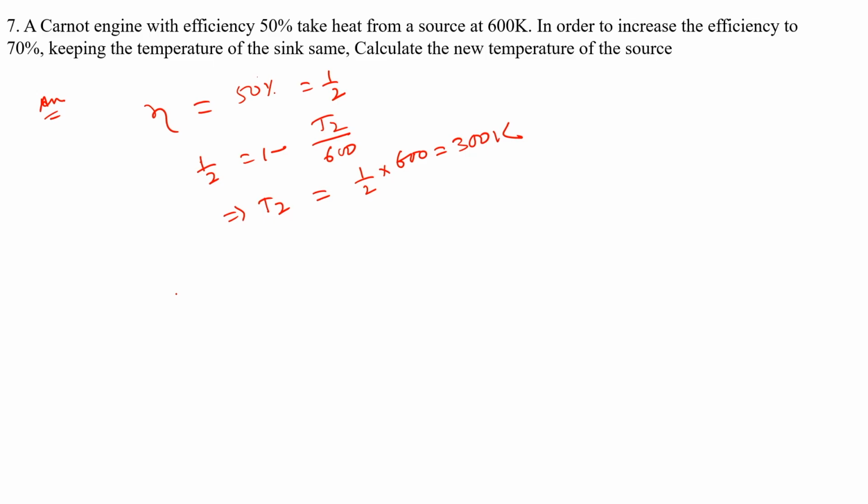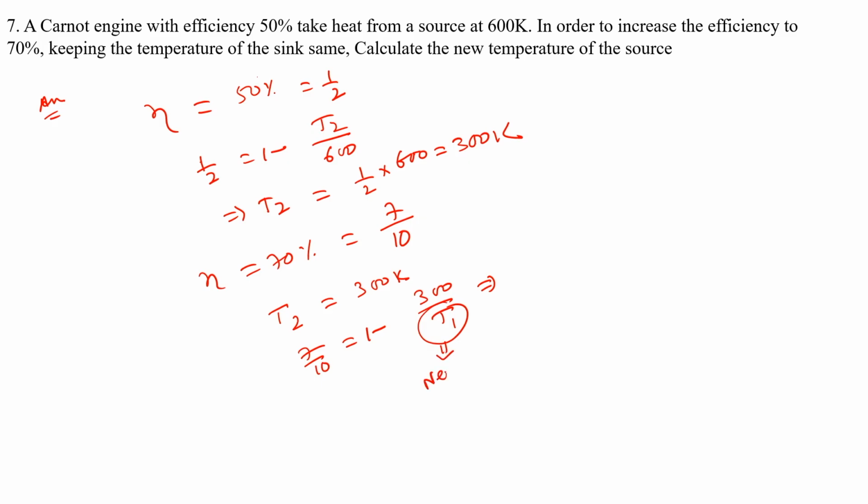Now, when efficiency is 70%, when eta is 70%, means 7/10. We know T2 is 300 K. So, 7/10 is 1 minus 300 by T1. This T1 is the new temperature of the source, right.